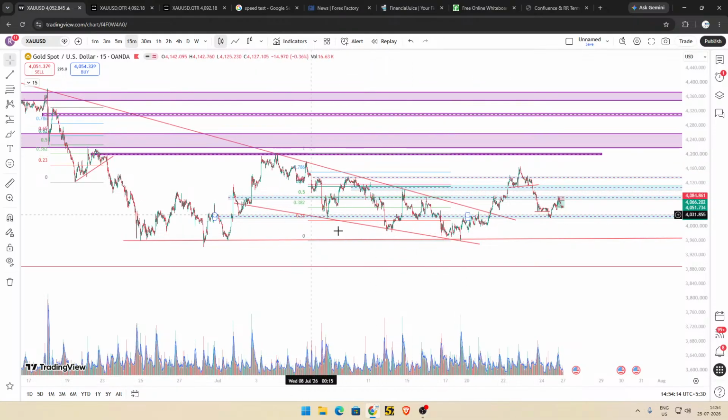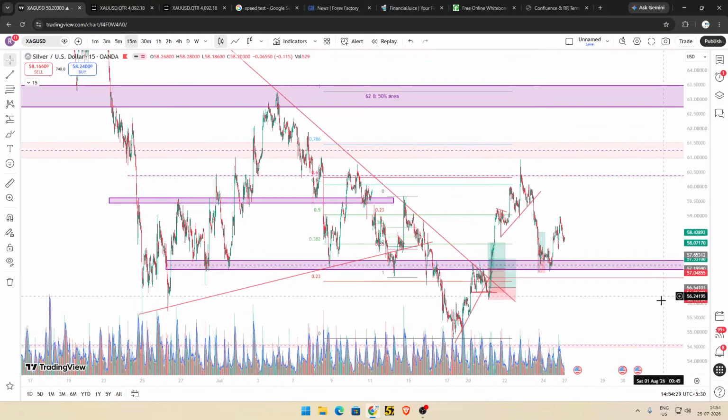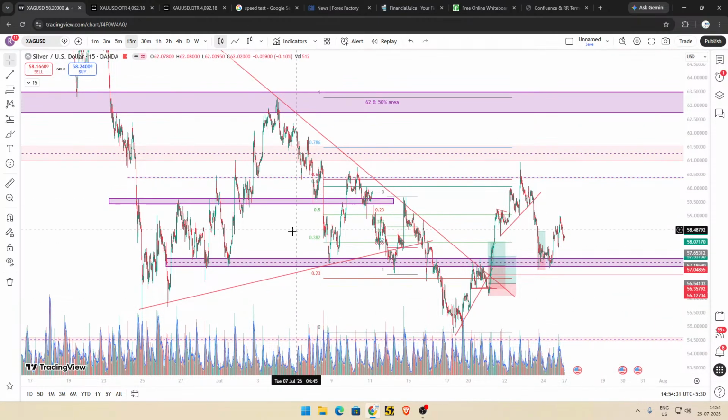Here also no proper general setup was there. The only general setup that formed was this one. Where did it go? In silver, at this area, in the month of July, only in silver some setup formed like this one: left shoulder, head, right shoulder, went up, removed the weak sellers, and then it fell.